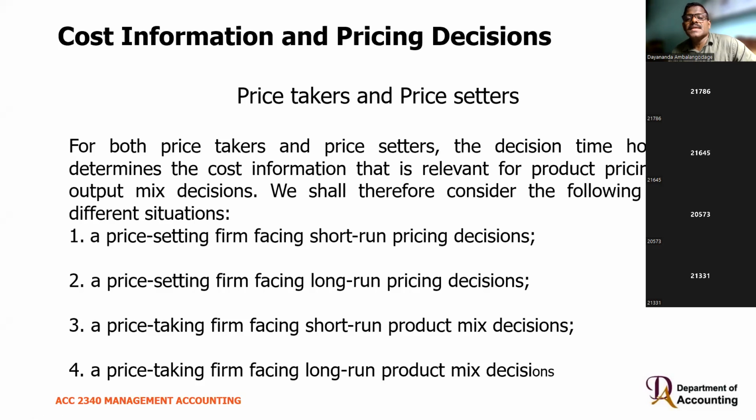For both price takers and price setters, the decision time horizon determines the cost information that is relevant for product pricing or output mix decisions. So we need to look at whether you are a price taker or price setter. For example, if you are in a perfect market situation, one extreme like capitalism, then you are a price taker.